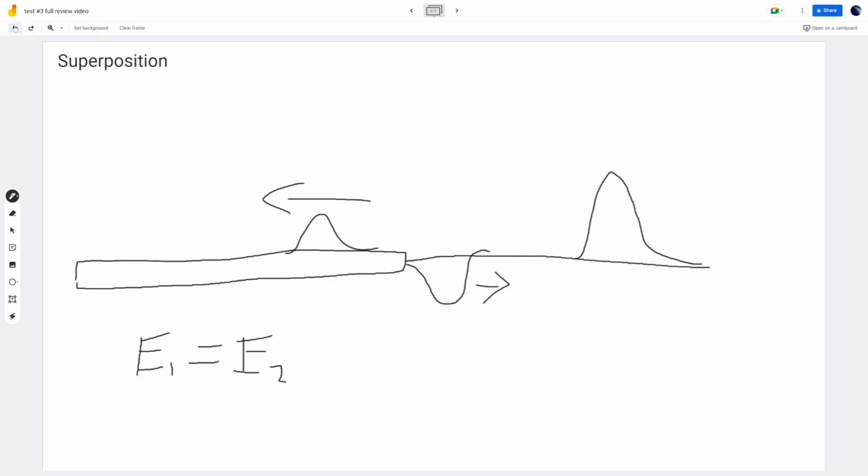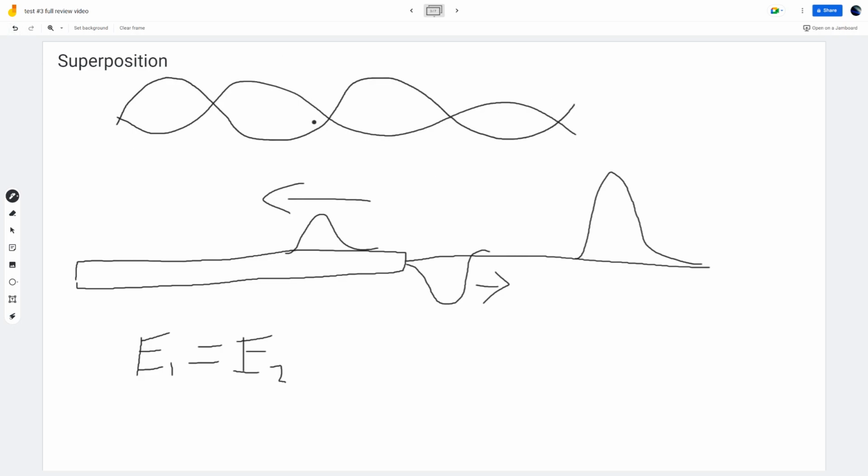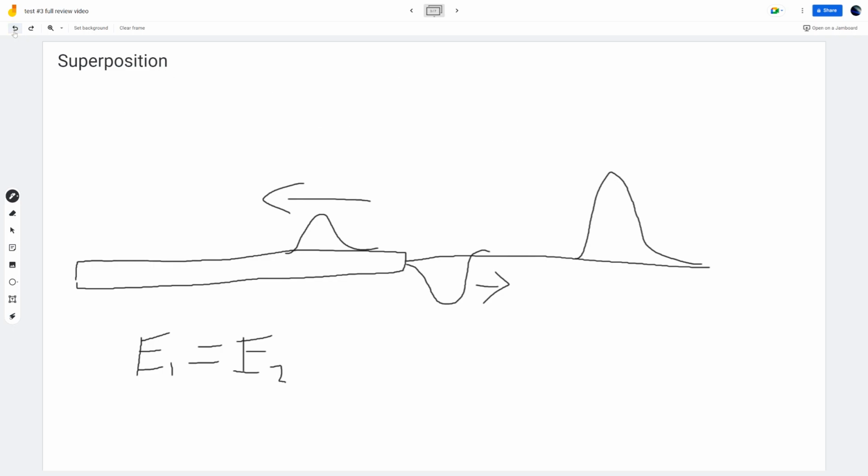If we have a continuous wave and there's another wave on top of that that's exactly the same, it'll cause the amplitude to be greater. But if there's a wave that is opposite to it, then the amplitudes will cancel out and it'll be like a flat line. That was basically it for interference.